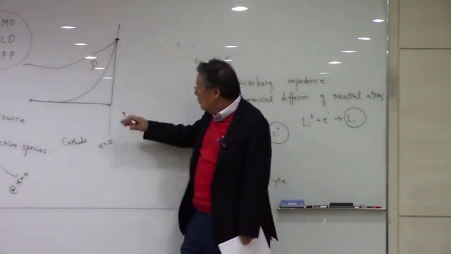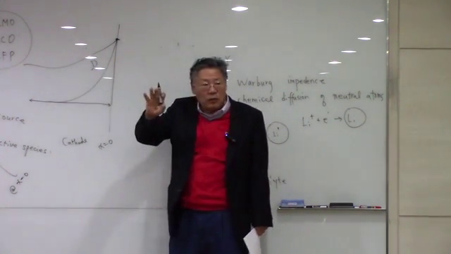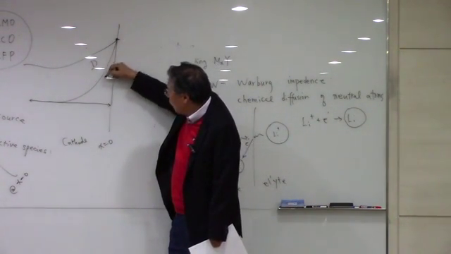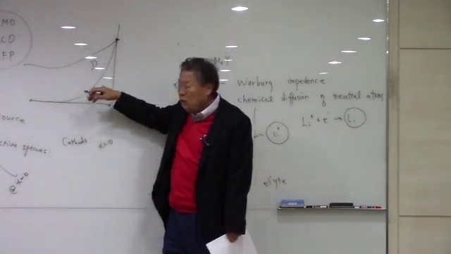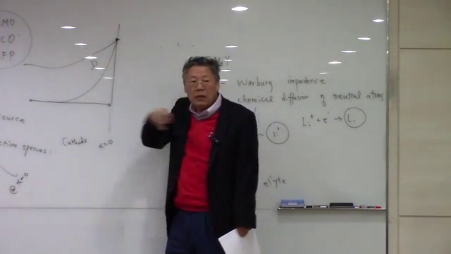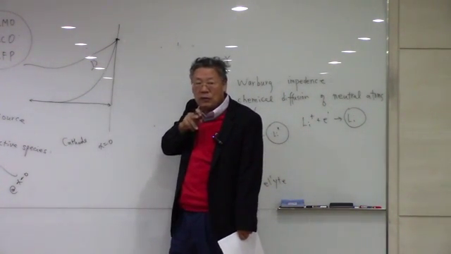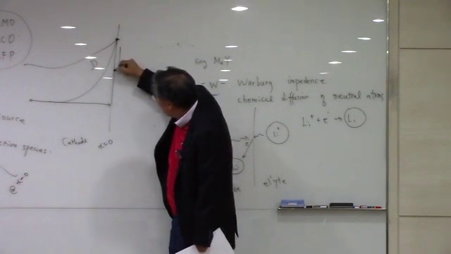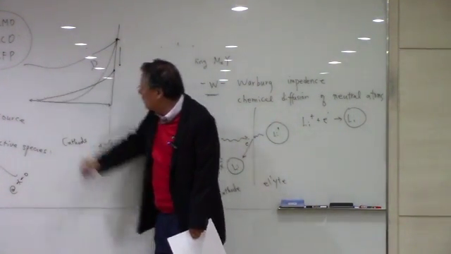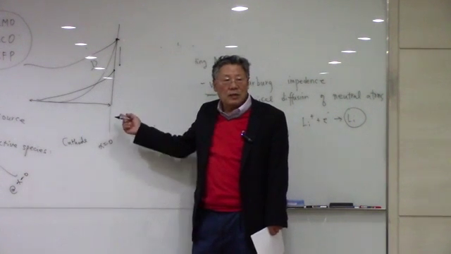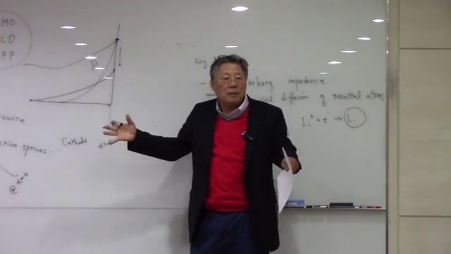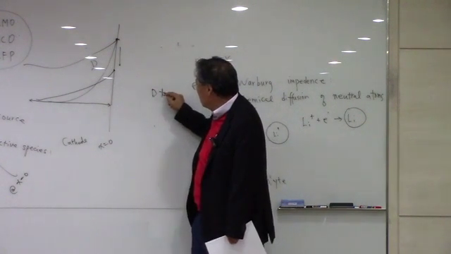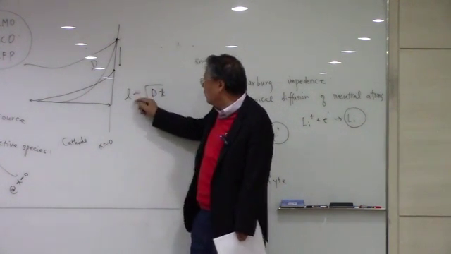So the low diffusion coefficient material shows this, but if you have a higher diffusion coefficient, then this profile is going to be changed like this at the same time. I mean, the square root of Dt, this is the diffusion length.